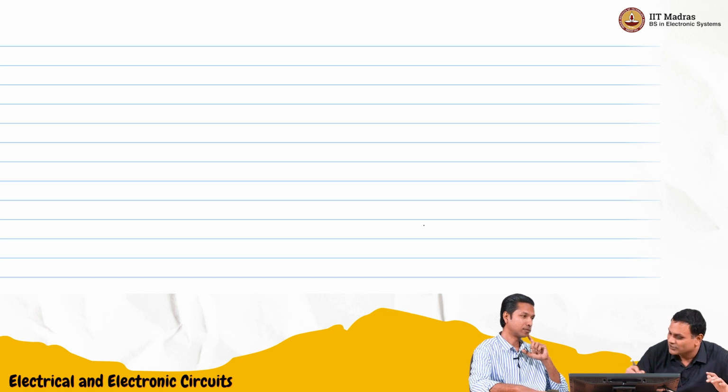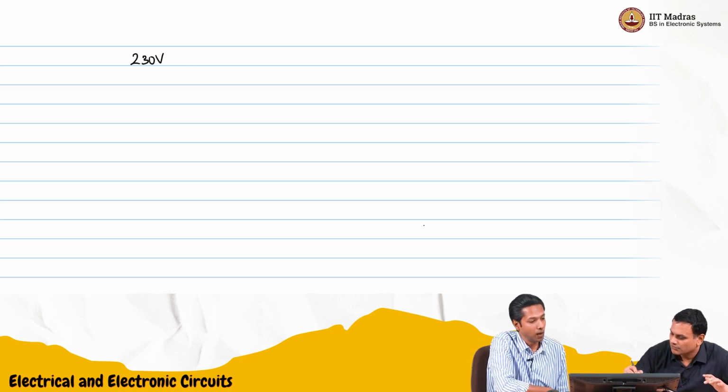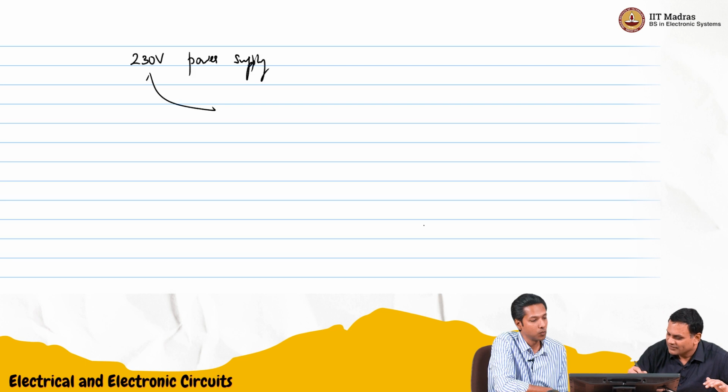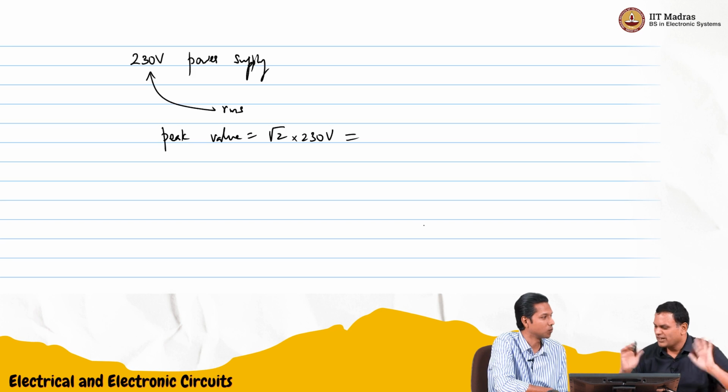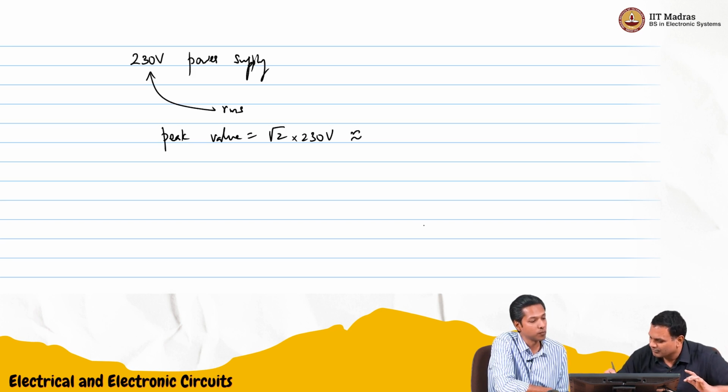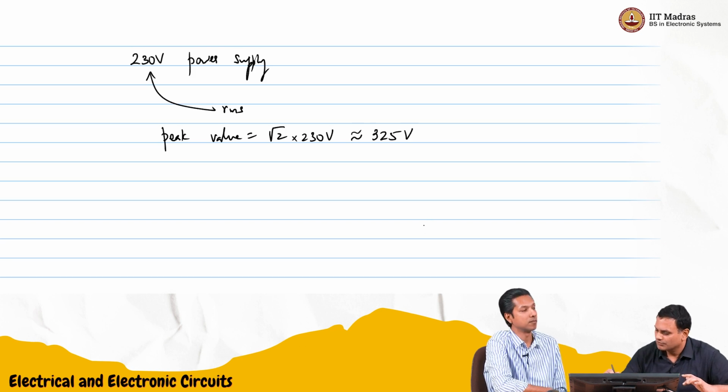So if I take 230 volts as the RMS value, the peak value is root 2 times 230, which is about 325 volts.